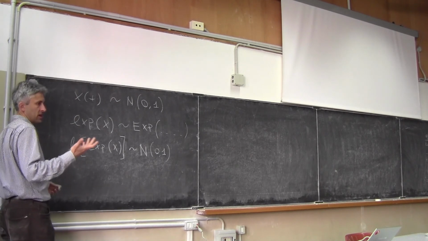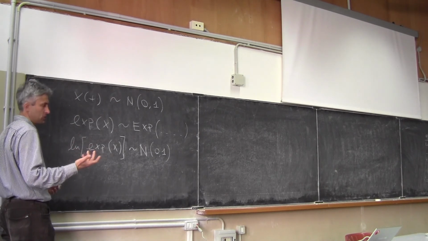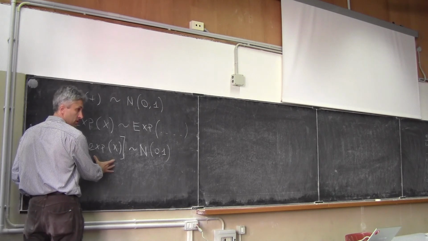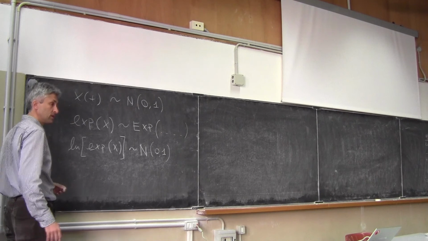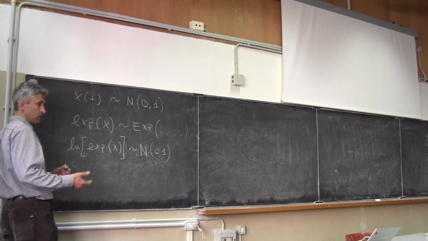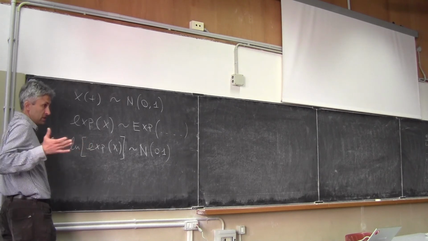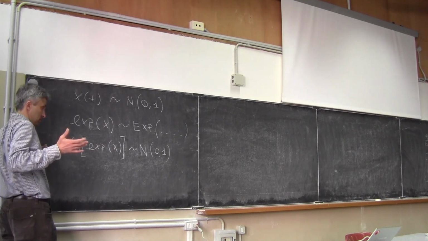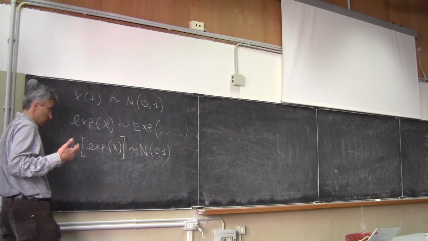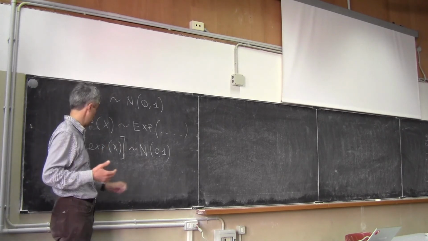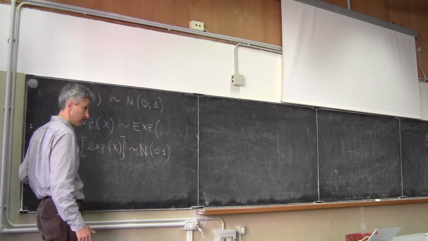So this is a first example of a successful transformation to bring a non-Gaussian distribution, exponential x, to the normal distribution. So let's say that if our hydrological data were exponentially distributed, it would be very easy to find the transformation that brings the data to Gaussian. And this would be the logarithm.